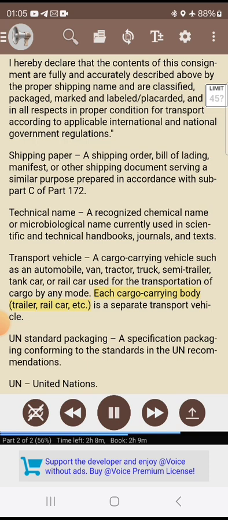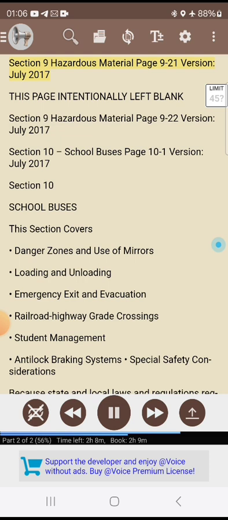Each cargo-carrying body, trailer, rail car, etc., is a separate transport vehicle. UN Standard Packaging, a specification packaging conforming to the standards in the UN recommendations. UN, United Nations. Section 9 Hazardous Material, page 9-21, version July 2017.